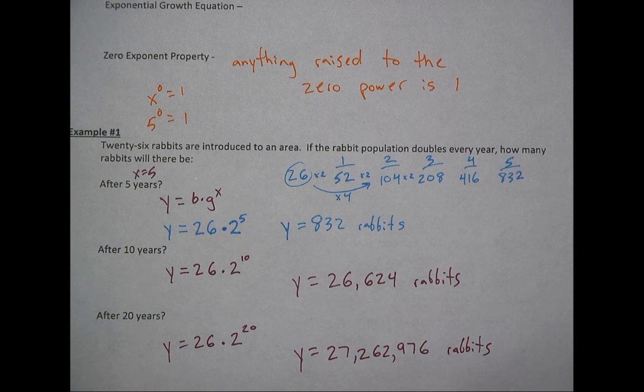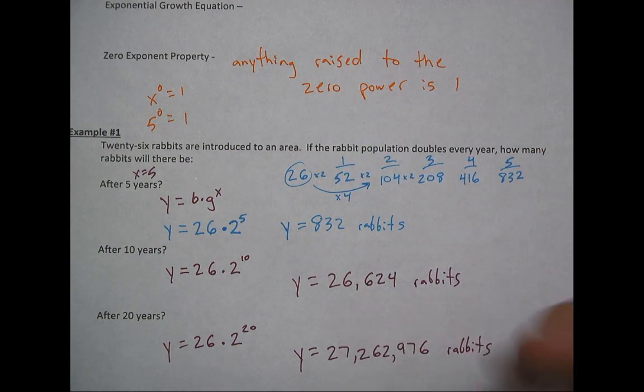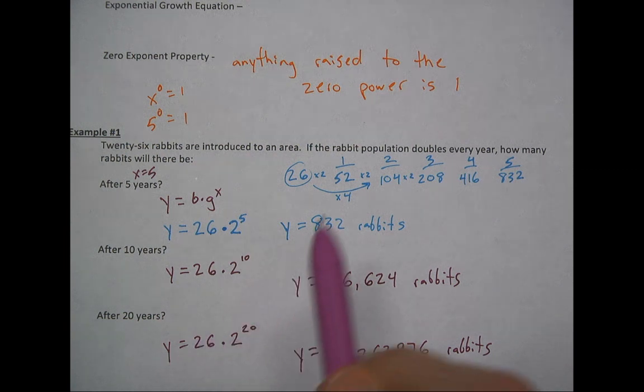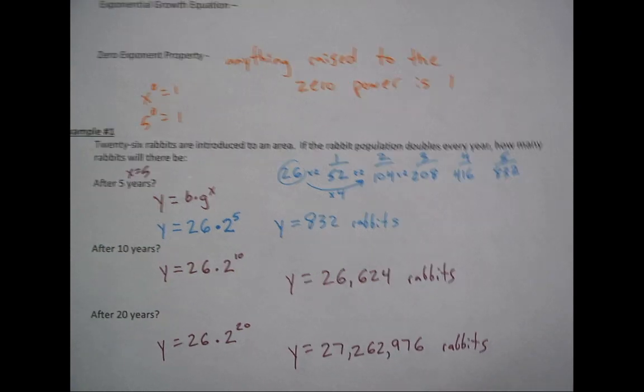So you can see exponential growth is going to have a much faster and higher rate of an increase than a constant rate like a line. So this is not going to be a line on a graph. If after 20 years it's all the way up to this, you think about it, this is going to quickly curve up. And we will look at graphs of these in just a couple minutes.